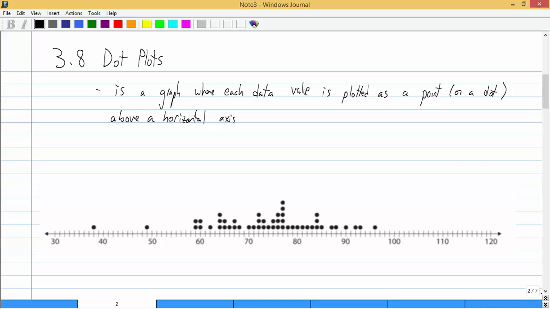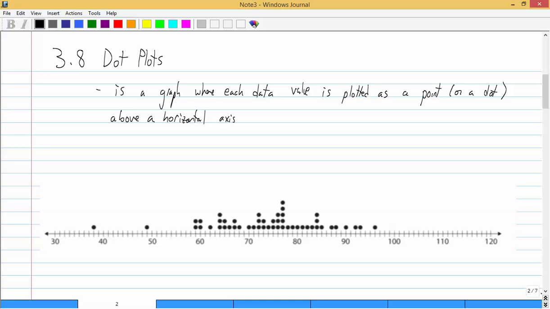So that's a dot plot. It's not really that tricky. It's just you take a data number and you put a dot above whatever value it would correspond to. And of course you see multiple dots over the same place on the horizontal axis. That means there were multiple data values that were the same.